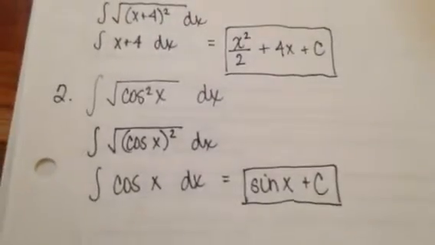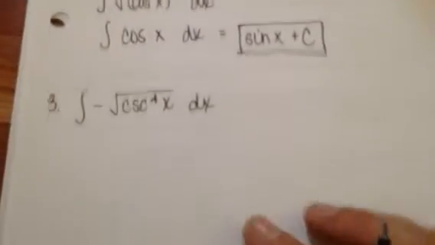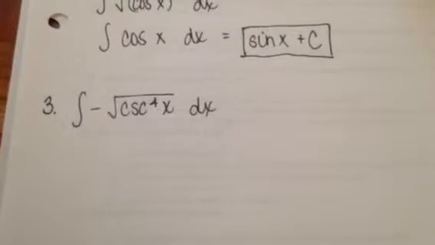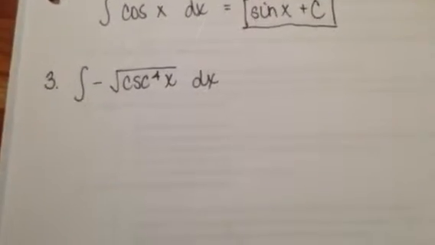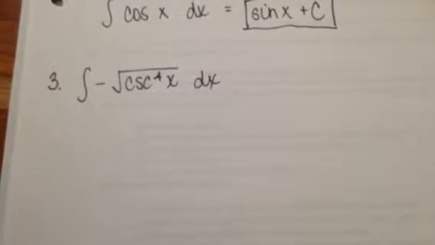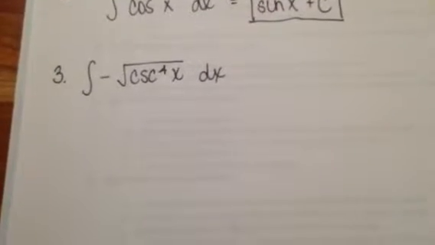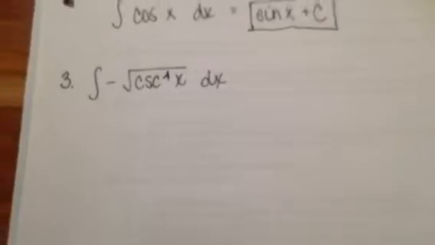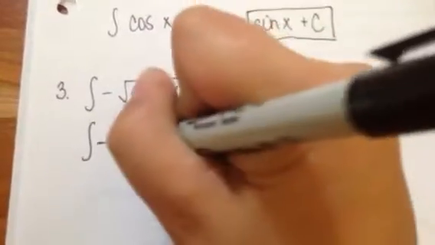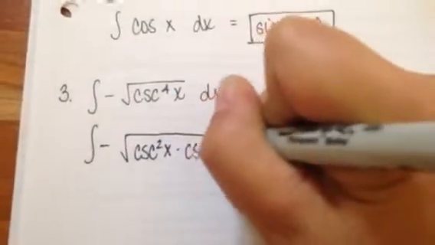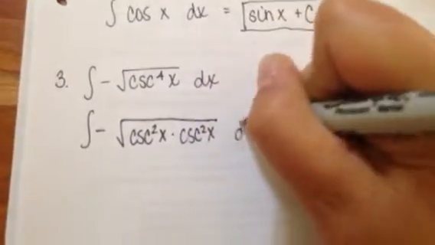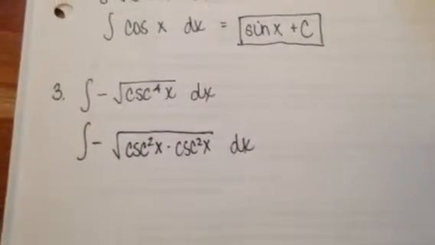Okay, last example here is a little bit more complicated. As you see here, I'm doing another trig function, but this time I have it to the 4th power. Well, it's really important to remember that the 4th power is actually the 2nd power times itself. So in other words, I could rewrite this as, I'm going to keep the negative, cosecant squared x times cosecant squared x dx, like that.